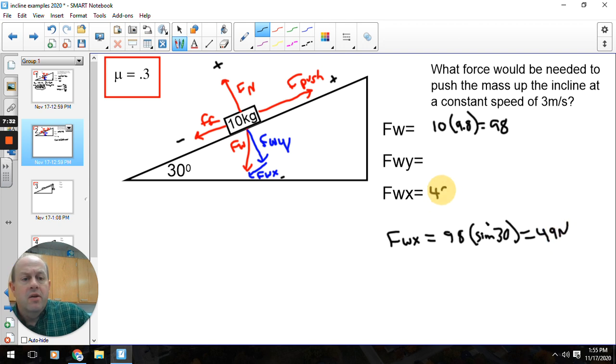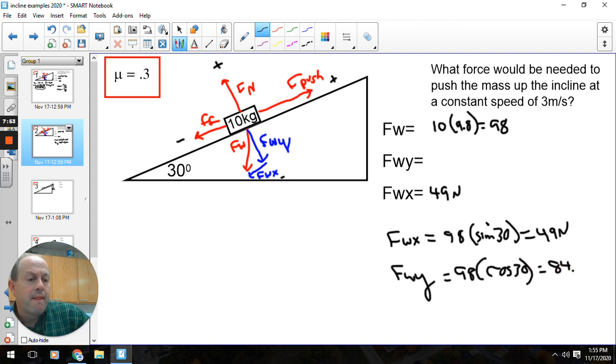Then our force weight y will be our 98 force weight times cosine of 30, and that will be 84.9 newtons. Okay, we got that taken care of.